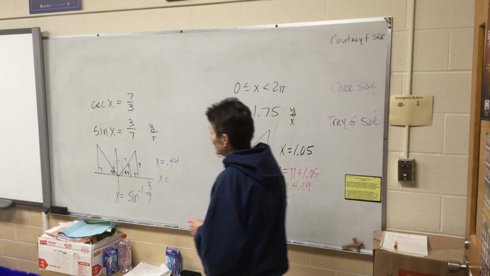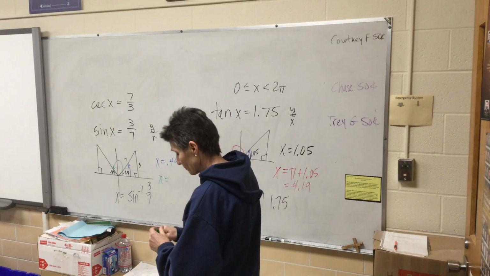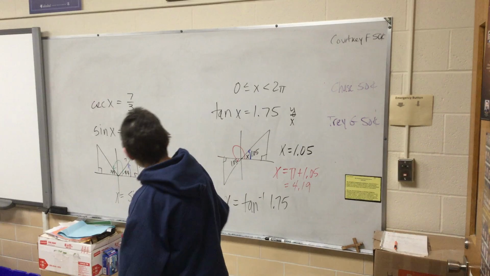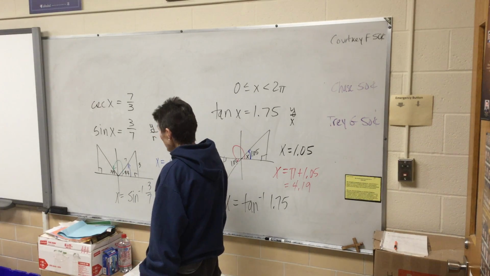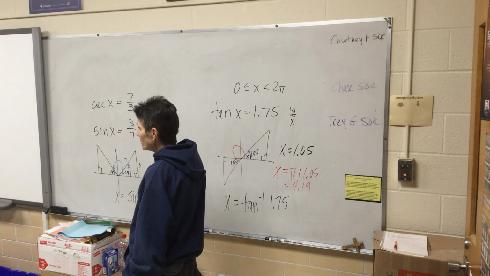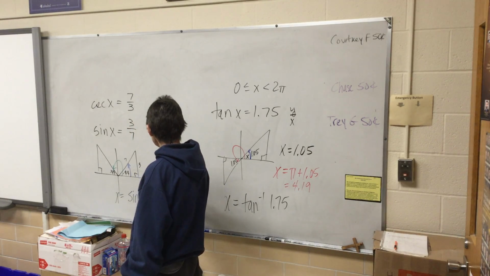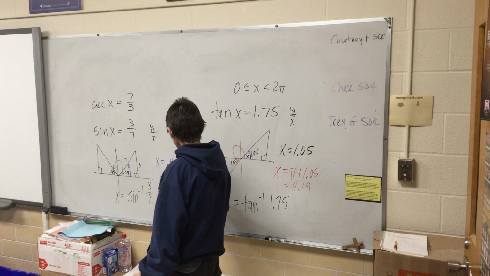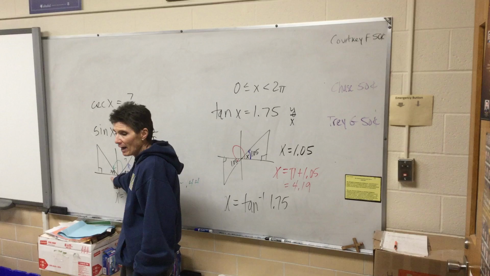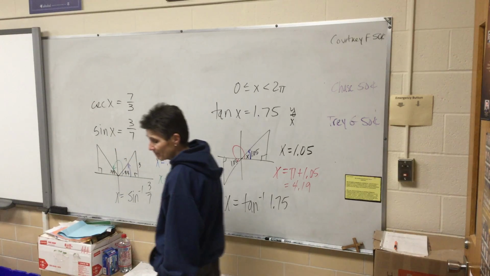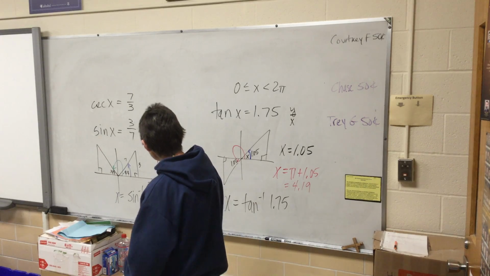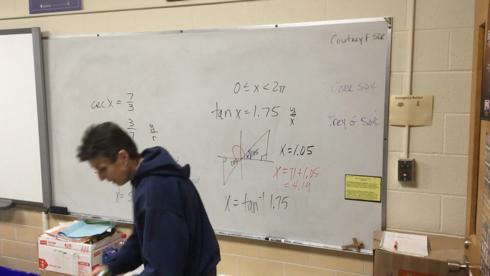How will I find the green angle? Pi plus 0.44. Am I going past pi? No. So it won't be pi plus 0.44, it'll be pi minus 0.44. Because if I went all the way to here, that would be pi, but I didn't go that far. It's pi minus 0.44, because I didn't make it all the way to pi.